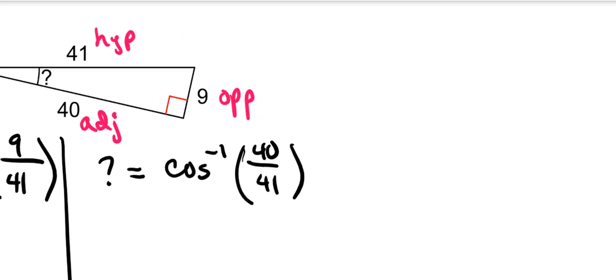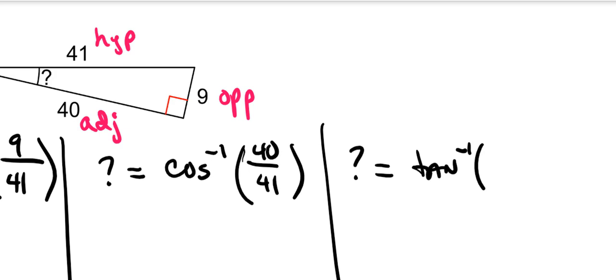So if I use arctangent, then that would be set up like this: the angle would be arctangent of the ratio for tangent, which is opposite over adjacent, the fraction 9/40. So either way I slice that, I should get the same answer.